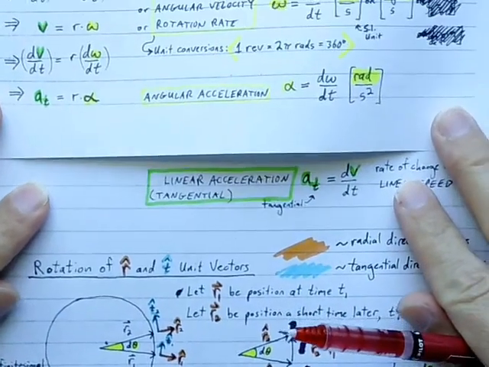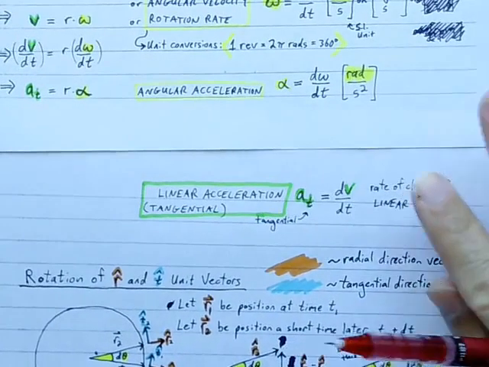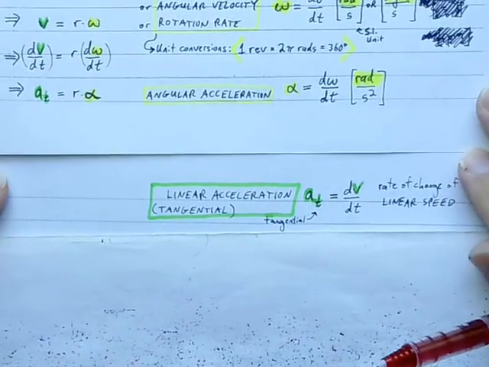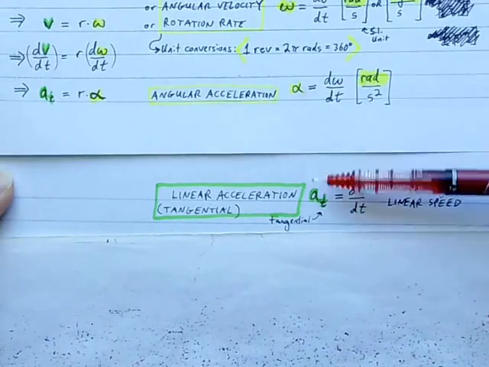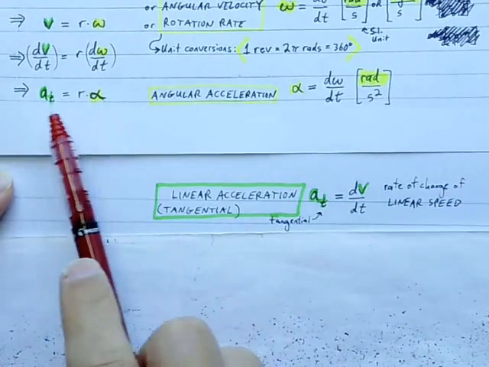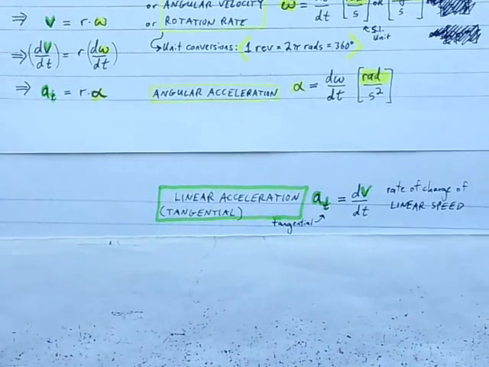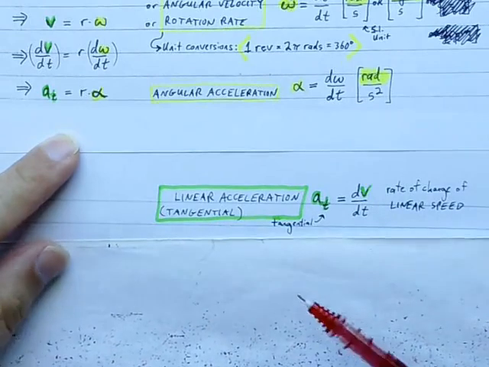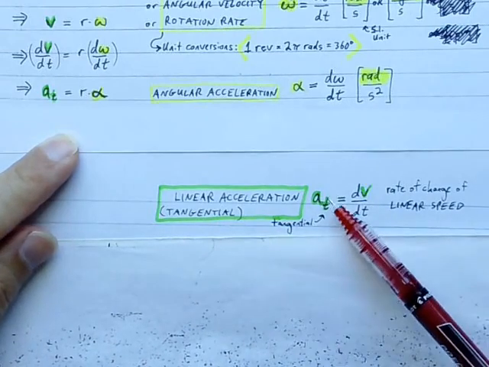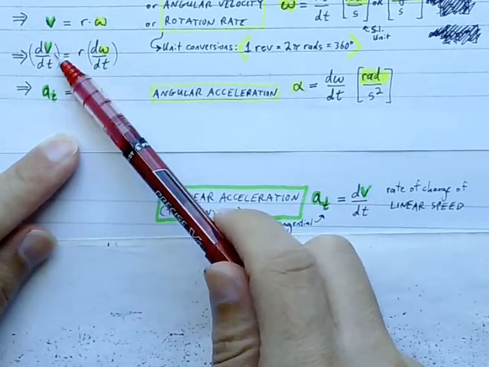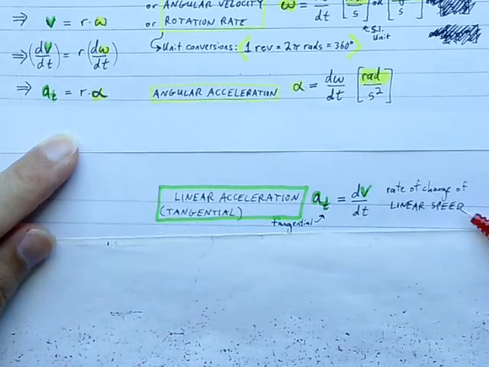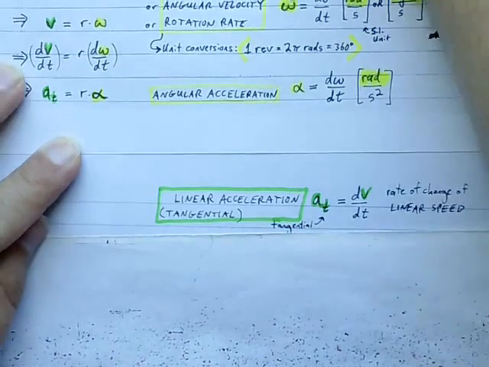So I want to contrast that with your linear acceleration, your tangential acceleration. I'm going to contrast these 2 quantities here, alpha and a_t, that are related by this relationship here. So I just described what the angular acceleration means, measured in radians per second squared. Your linear or tangential acceleration, defined as dv/dt and equal to r times alpha, is the instantaneous rate of change of your linear speed v.